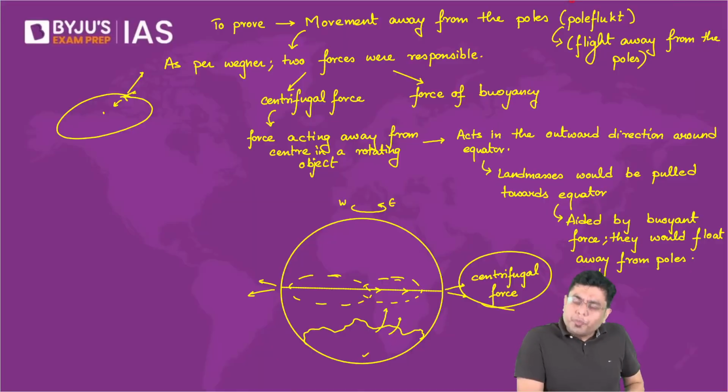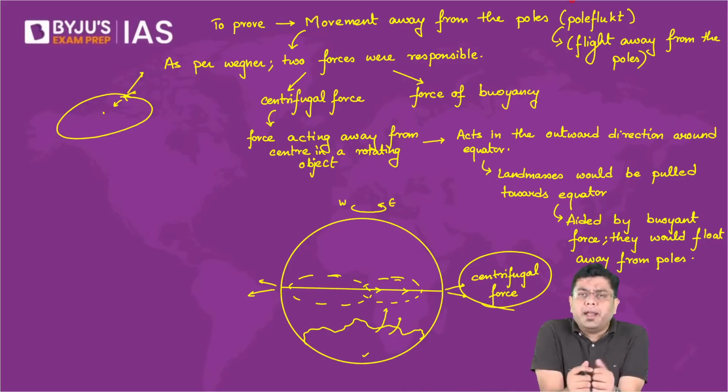Alfred Wagner was boycotted by the entirety of the geographical community. In fact, when his theory became public, American geographers went ahead and held various seminars where the theme would be to contradict and ridicule Wagner. So much so that in one of them, even F.B. Taylor was called. F.B. Taylor was the first one, if you recall, who said that the continents could move.